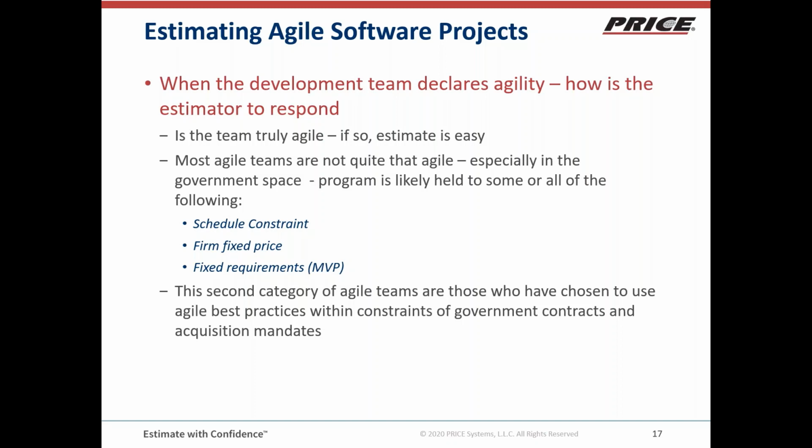And the second category of agile teams, the ones that do have constraints, are generally those that have chosen to use agile best practices within the constraints of their contracts or their acquisition mandates.